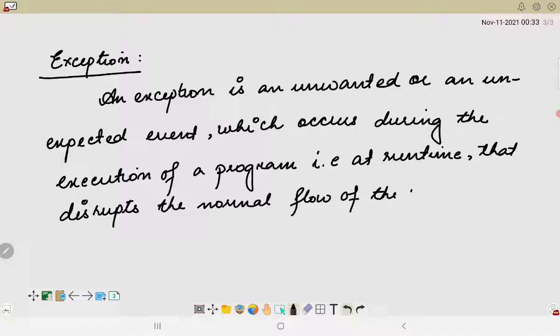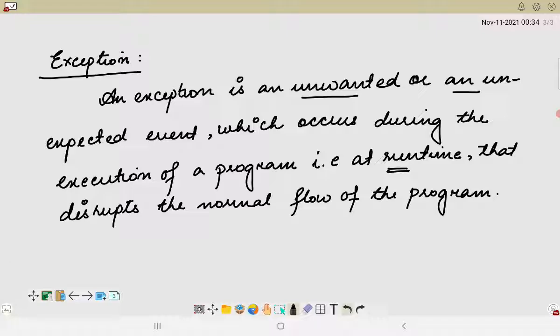So this is basically what exceptions are. First of all, it is an event, and it is unwanted or unexpected, and it will occur during the execution of the program. That means during runtime only, and it will disrupt the normal flow of the program.